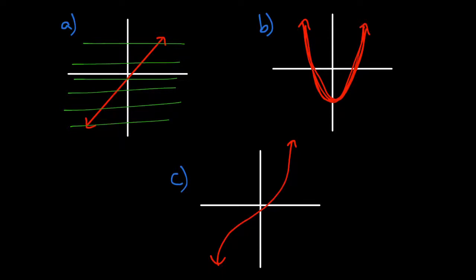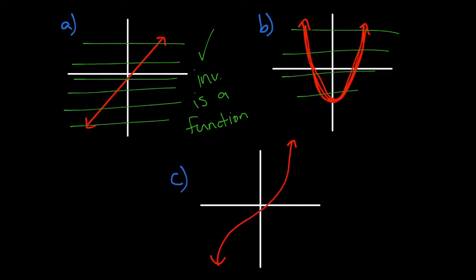So this one passes the horizontal line test, and its inverse is a function. Now let's look at B. If we pass horizontal lines across there, there's lots of places where it's hitting more than one point at a time. So this one fails the horizontal line test, and its inverse is not a function.